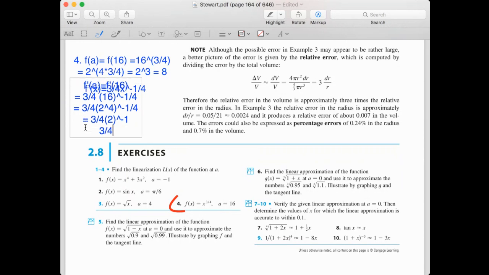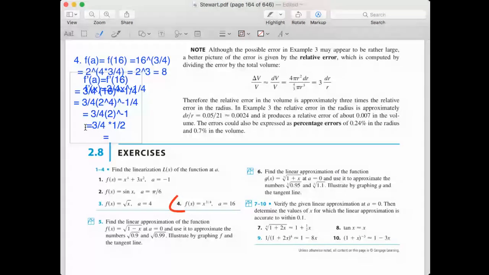That equals 3 over 4 times 2 raised to negative 1, which is 3 over 4 times half. 2 with exponent negative 1 is half. So that equals 3 over 8.